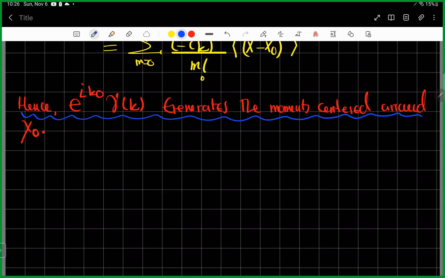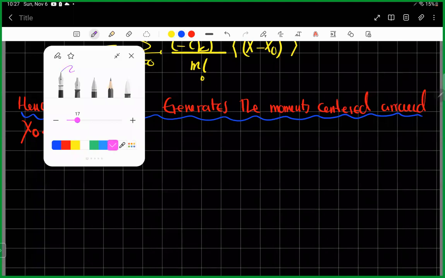I don't know if in this video, but perhaps in the next video. Here, I'm just going to briefly define this cumulant generating function, and then perhaps in the next video we can do some examples.